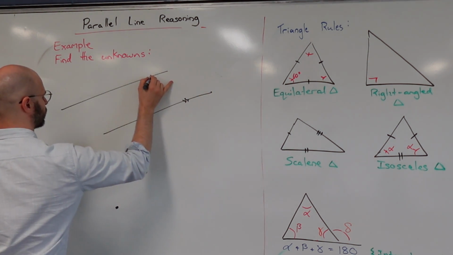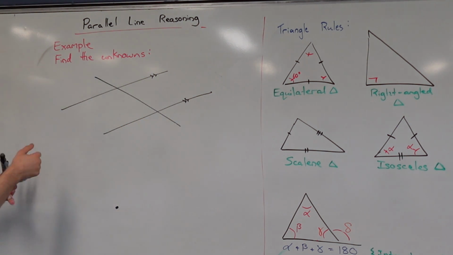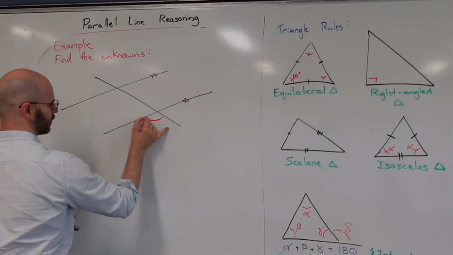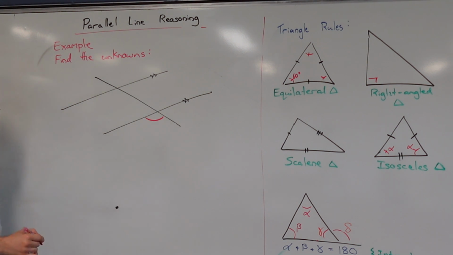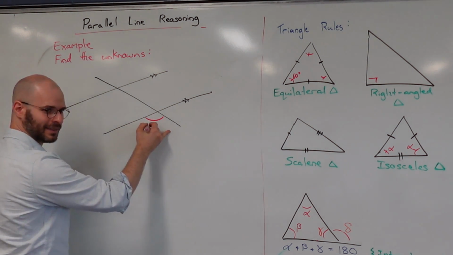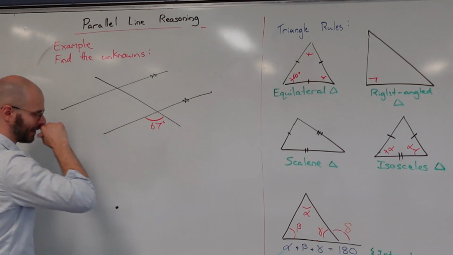Two parallel lines were zooming through space and they were cut by the transversal. The angle over here, what did we say this was? Alpha? 67 degrees.